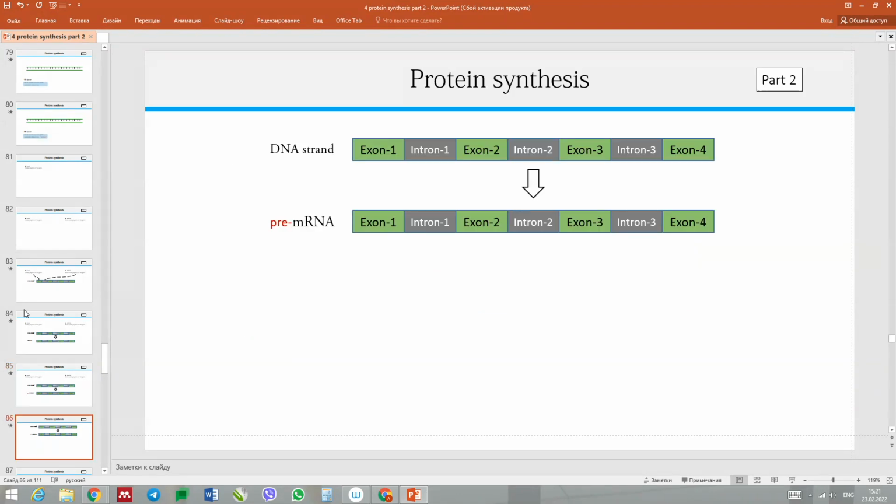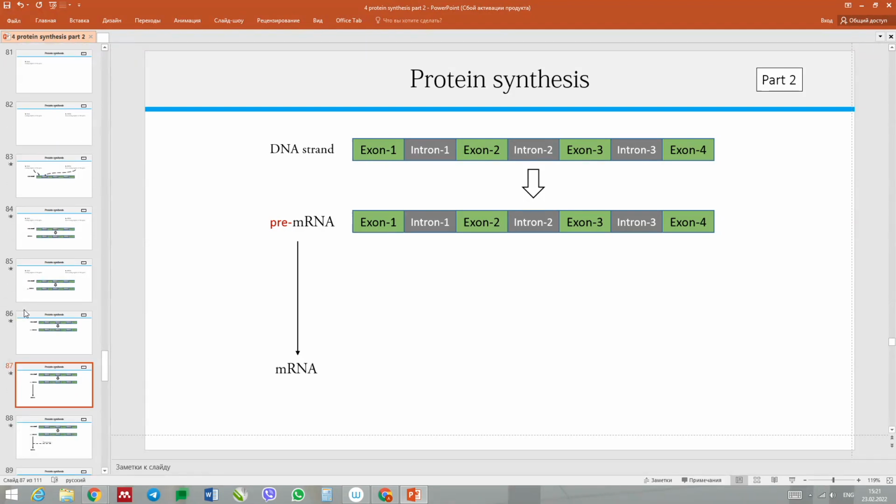And then this premature messenger RNA has to be transformed into mature messenger RNA. We are not allowed to use this premature messenger RNA outside of the nucleus for synthesis of the protein. We have to transform it into the mature form.